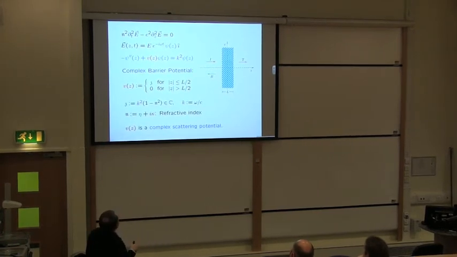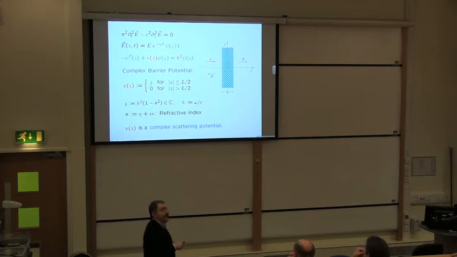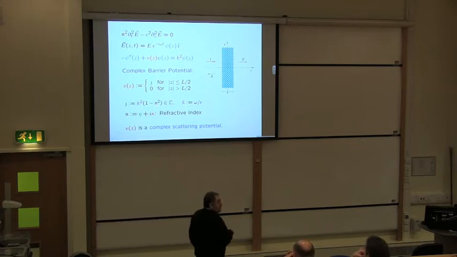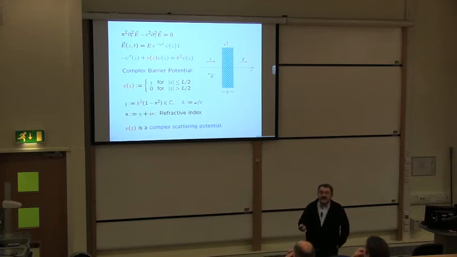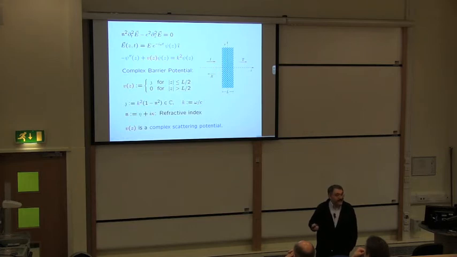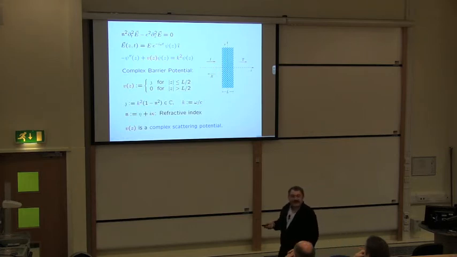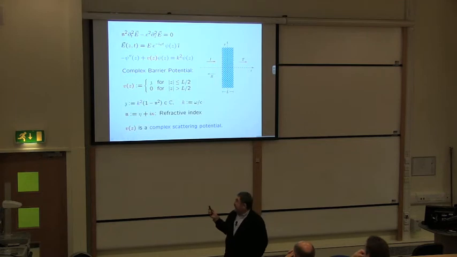It's a barrier potential whose height is related to n, which is complex. So this is a complex barrier potential. Obviously, it's a complex scattering potential. It vanishes at infinities. So this is a very nice, simple example in which I could look at what the spectral singularities are.